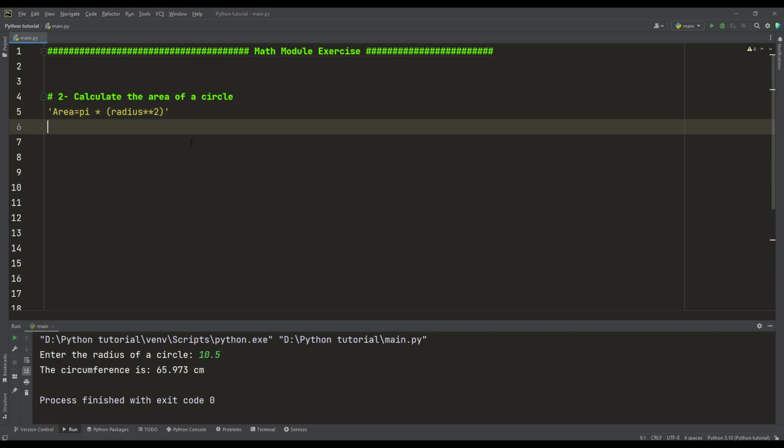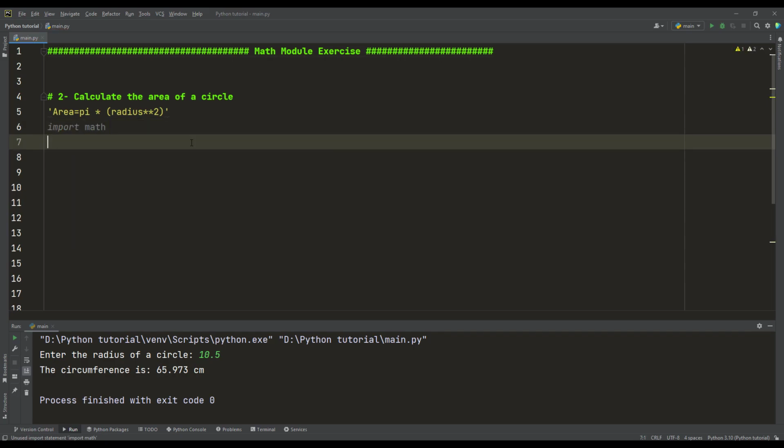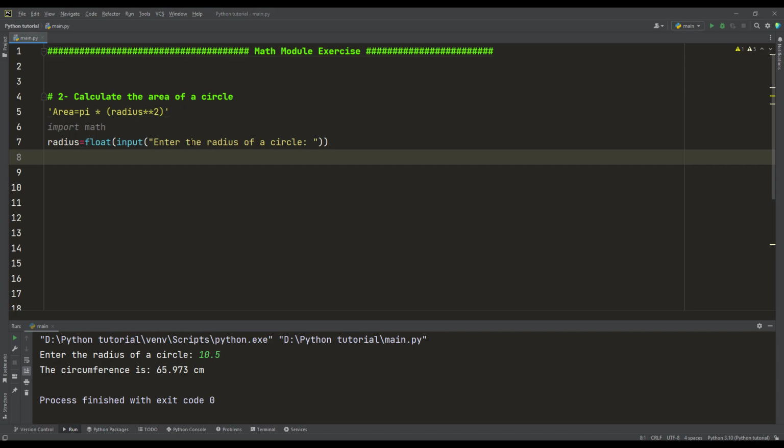So the first thing I can do here is import math, and I will also ask the user to submit the radius, which will be a float of the input, and I will ask the user to enter the radius of a circle.